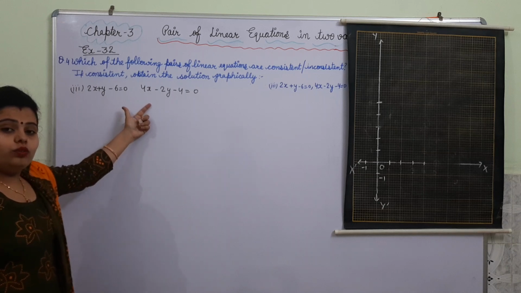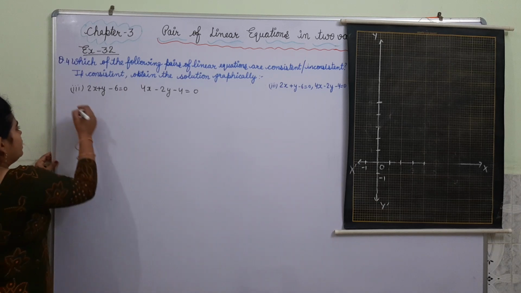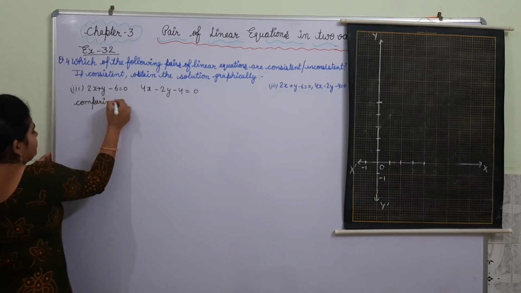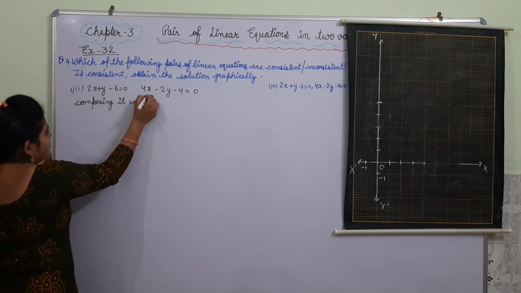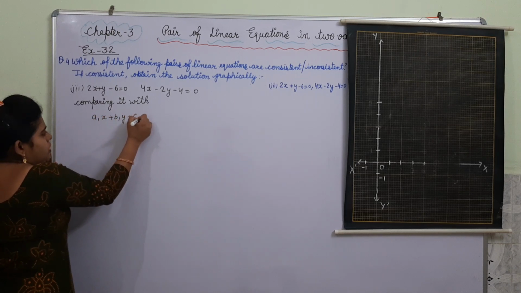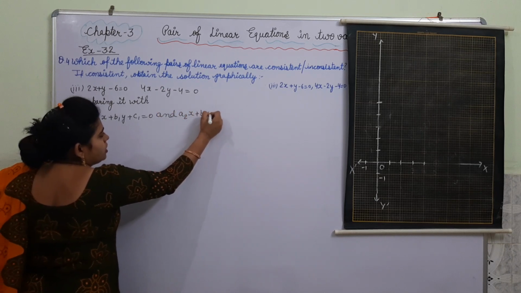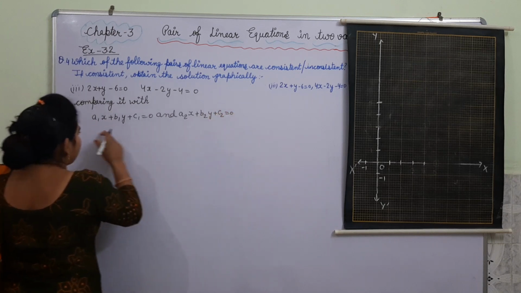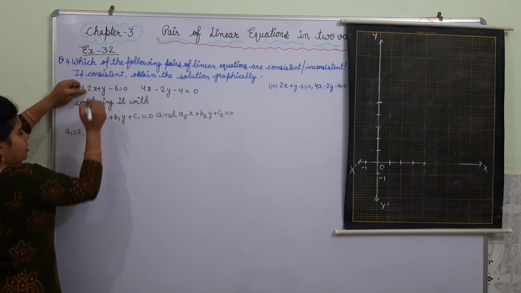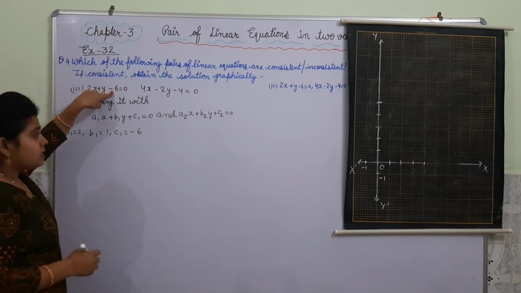Now again we will find the values of a1, b1 and c1, a2, b2 and c2, comparing with a1x plus b1y plus c1 is equal to 0 and a2x plus b2y plus c2 is equal to 0. a1 is 2, it is plus here, b1 is equal to 1, c1 is equal to minus 6.